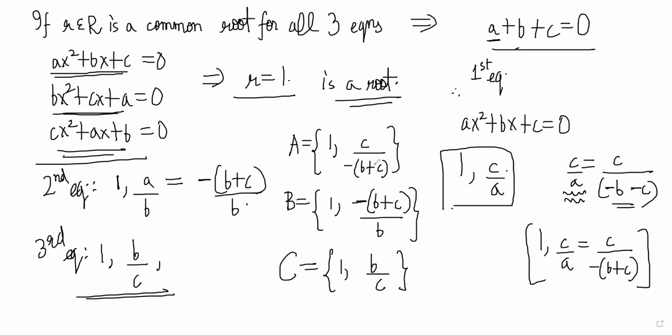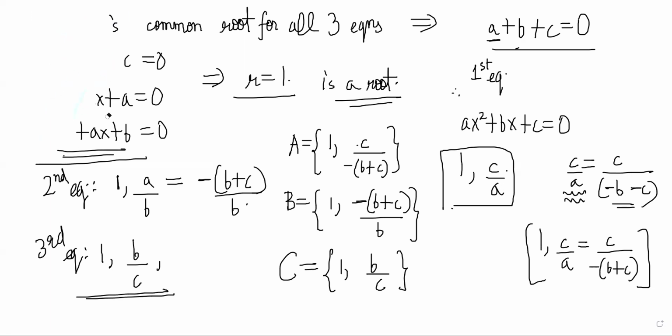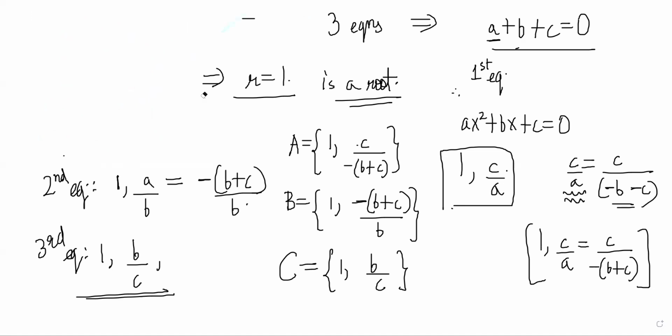Notice that we are writing it in terms of only variables c and b, right? So what we have to figure out is how many elements does A union B union C have, right? So how many elements will that have?